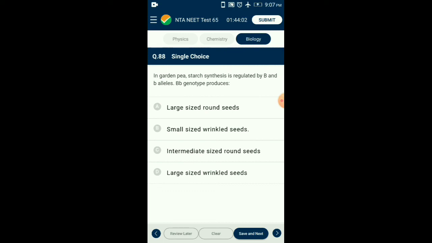Starch is synthesized effectively by capital B homozygous, and therefore large starch grains are produced. In contrast, small b homozygous have lesser efficiency in starch synthesis and produce smaller starch grains. Capital B, small b produce intermediate seeds. So the answer for this question is option C, intermediate sized round seeds.